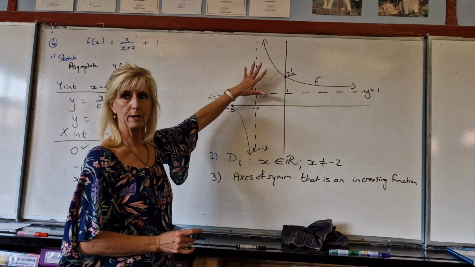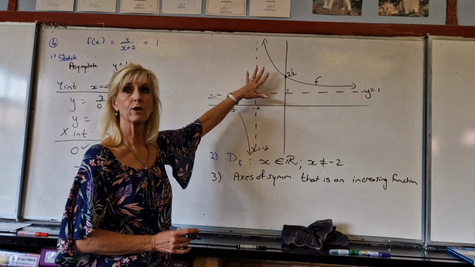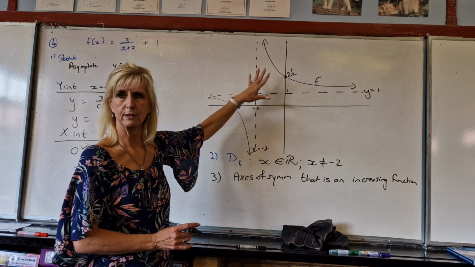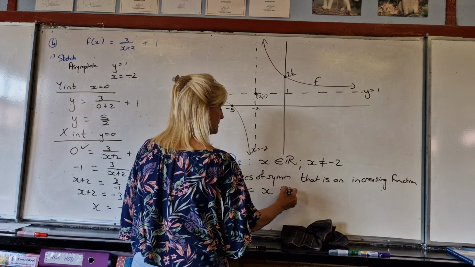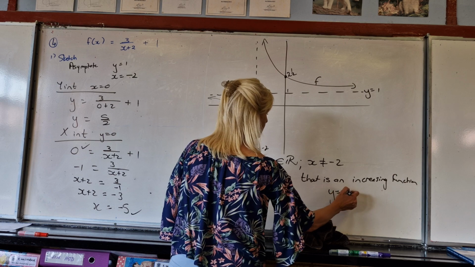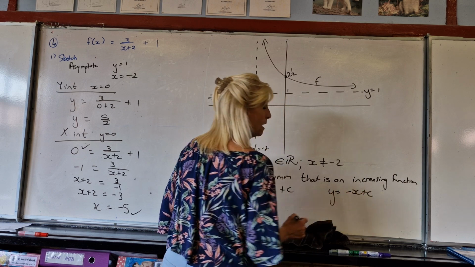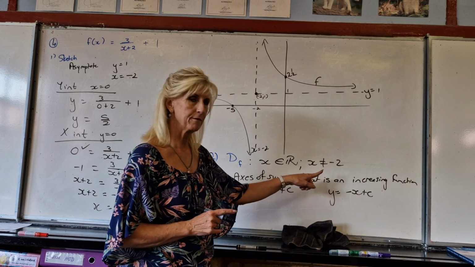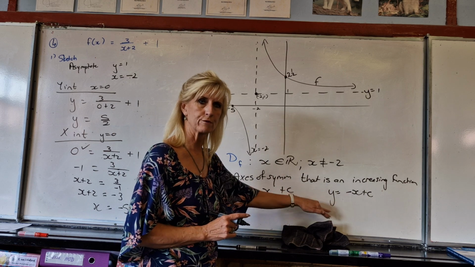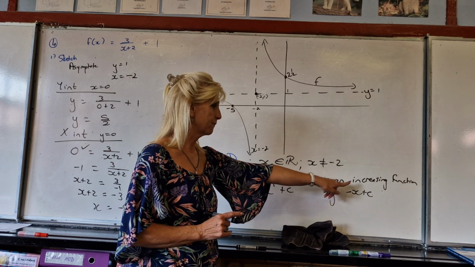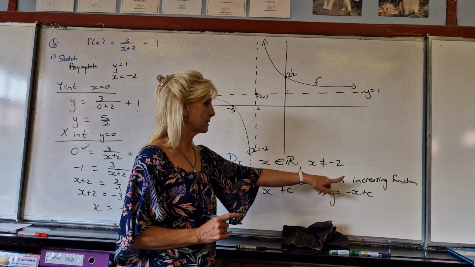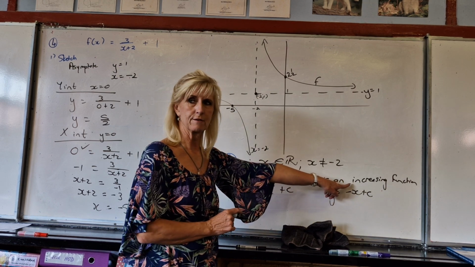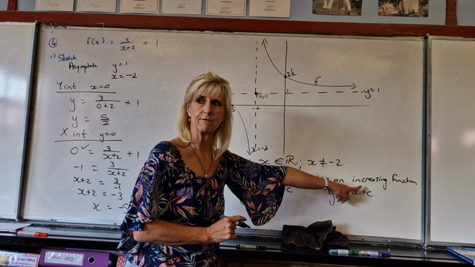For a hyperbola, what are the axes of symmetry? y equal to plus x plus c, or y equal to minus x plus c. But now I'm asking for one specific one because I don't want to give so many marks for the question. I'm asking for which one of the two? The positive one. Because I'm saying that this axis of symmetry must be an increasing function.